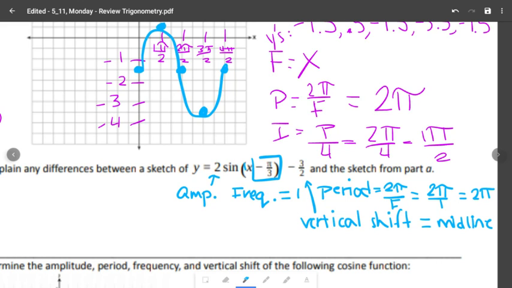This we don't graph ever, but we do have to recognize that this means that we are shifting pi over 3 to the right. Remember, horizontal shifts go left and right, opposite the sign. So a minus pi over 3 is going to go towards the positive side of the x-axis, so that's to the right. So it's going to the right pi over 3.